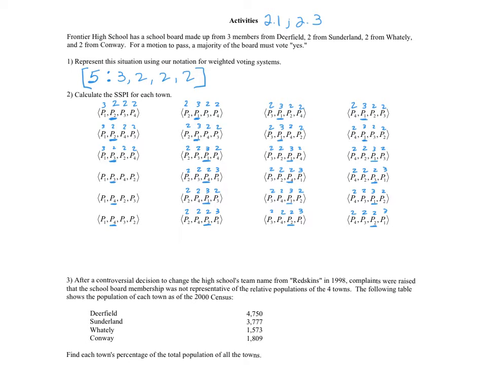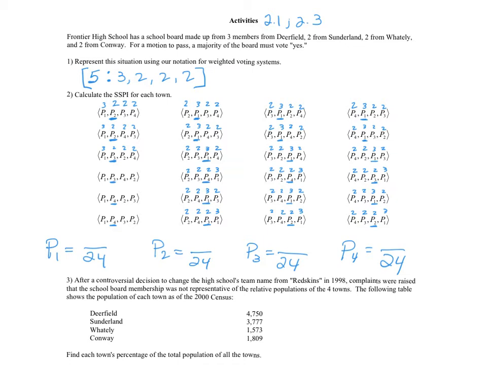Okay, now each player gets a fraction out of 24 because there are 24 sequential coalitions here. And we're just going to add up how many times each player is pivotal in these 24 coalitions. So player 1, I'll highlight all the times that player 1 is pivotal.